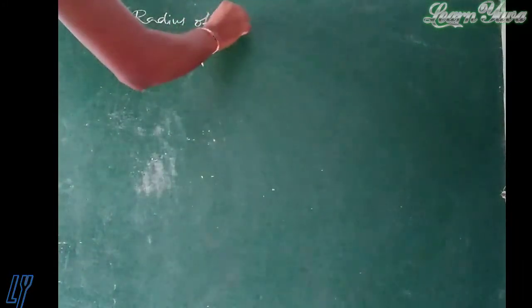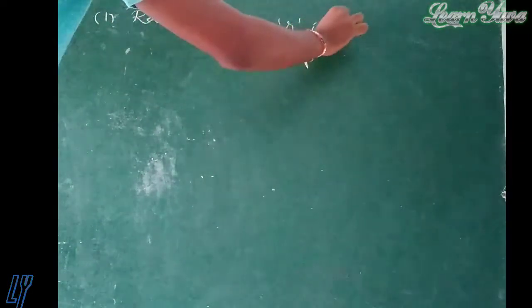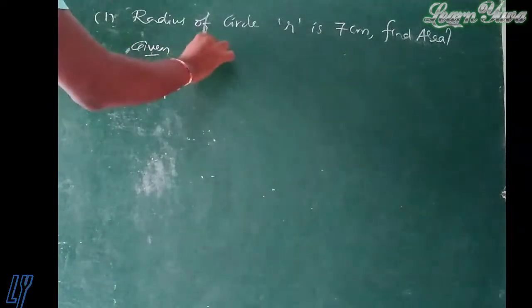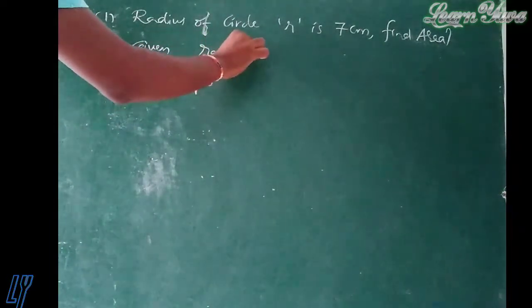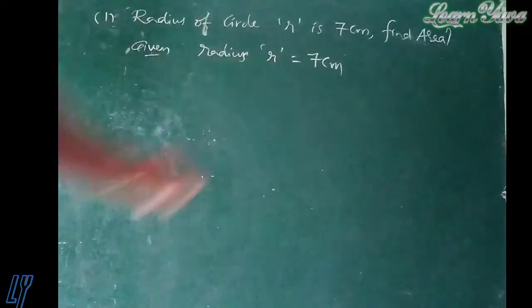The radius of a circle r is 7 centimeter. Find the area. That is the question. Given radius r is equal to 7 centimeter.